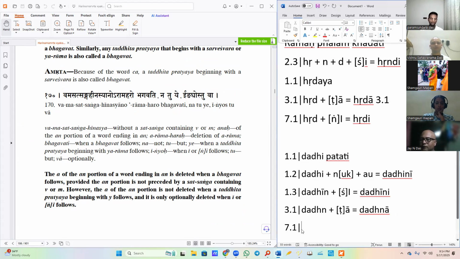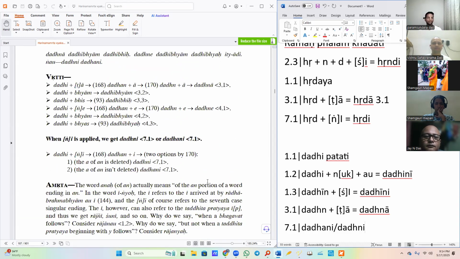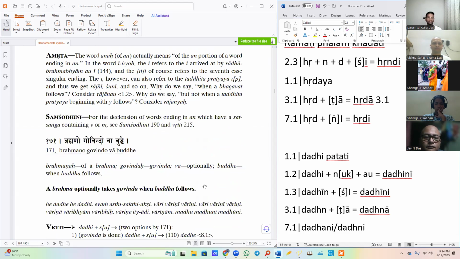So once we will get dadhani, and once we will get dadhni, right? Because the a of un is optionally deleted. Dadnoho, dadhishu, he dadhi, he dadhini. So yes, this is the table.